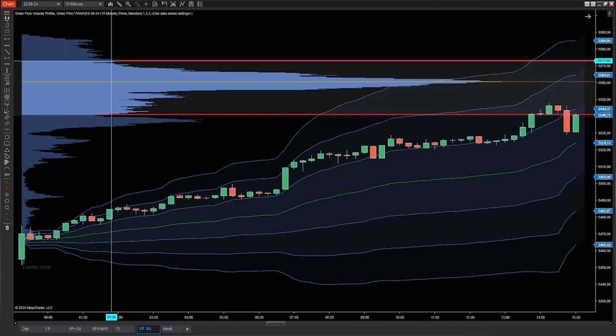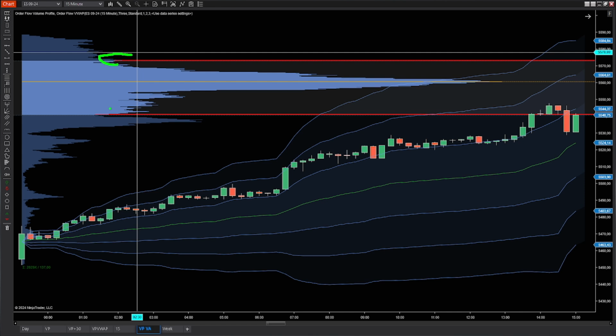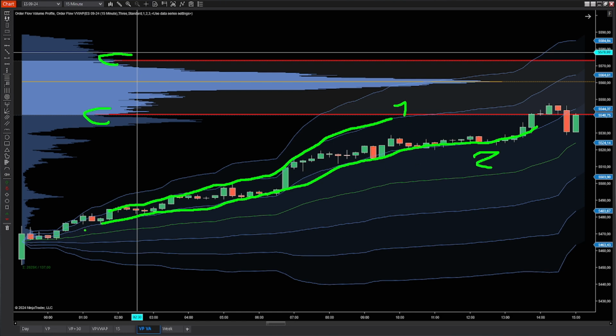I marked out the value area high and the value area low. So as price is developing, looking for new value, you can clearly see we stay inside of VWAP standard deviation 1 and 2, which means we are finding value within this zone in the uptrend.